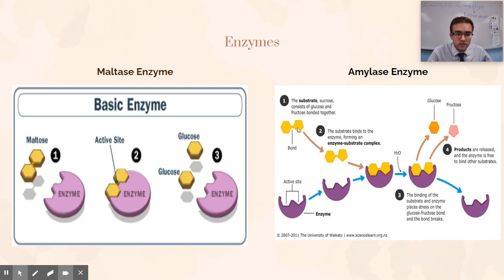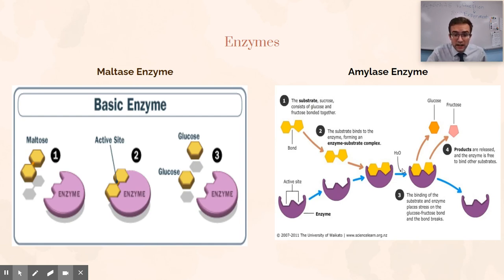So the site where the substrate joins the enzyme is called the active site. When the substrate fits into the active site, we call that the enzyme substrate complex. Enzyme, substrate, together, enzyme substrate complex.